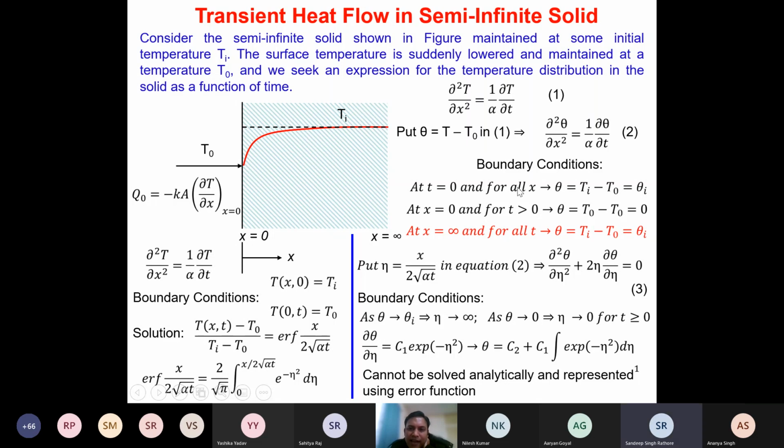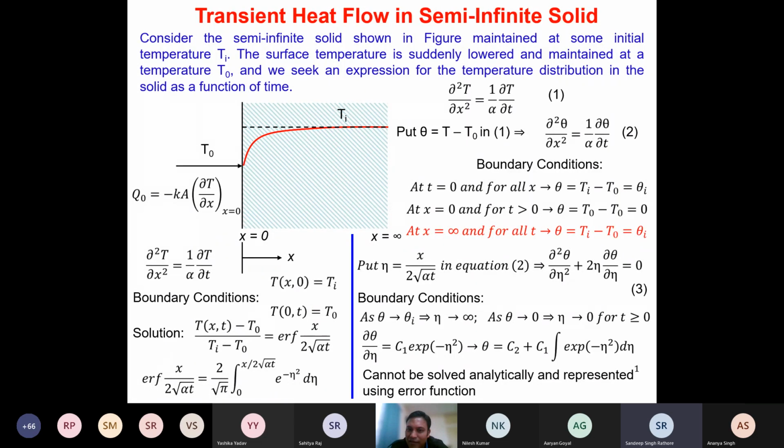So at any x, at time equals to 0, there will be a temperature difference Ti minus T naught, which equals just theta i, because T will be just Ti for all x at time t equals to 0. Do you all agree?